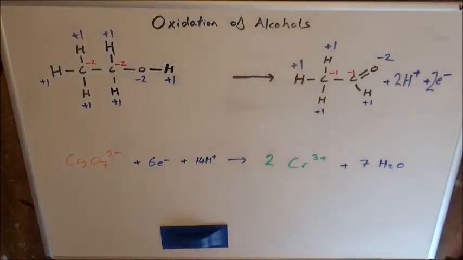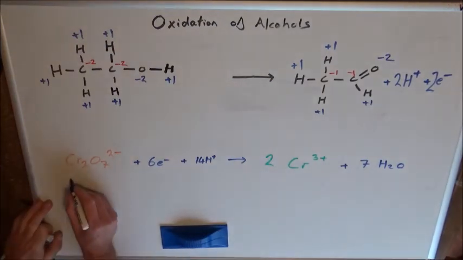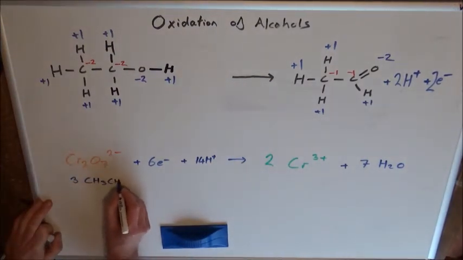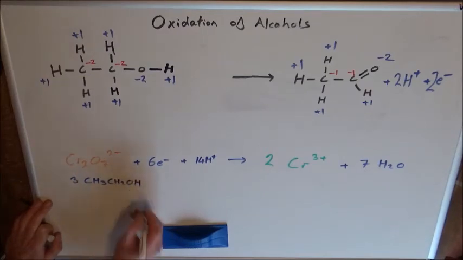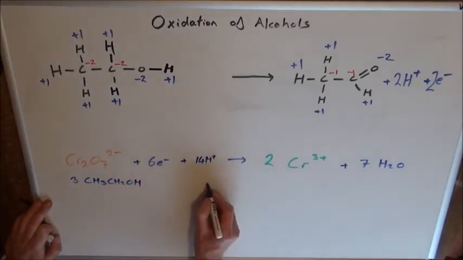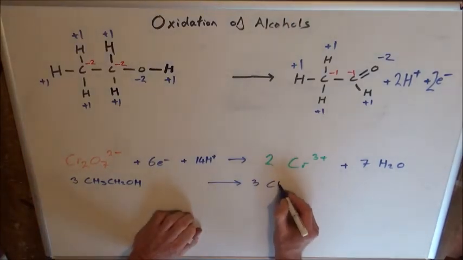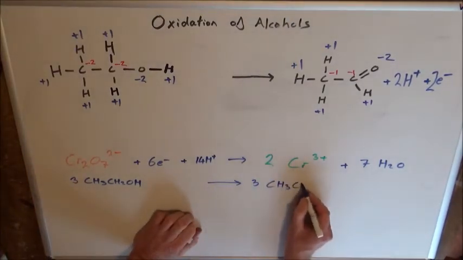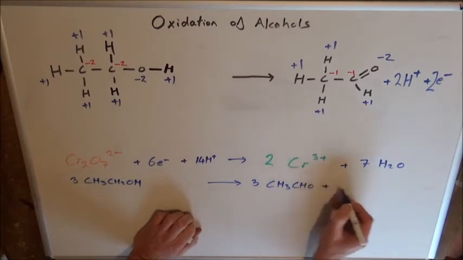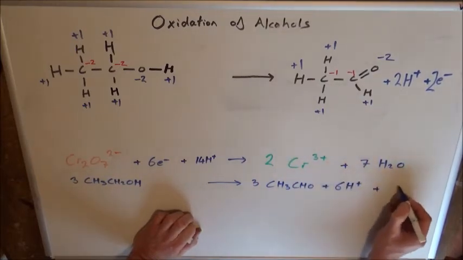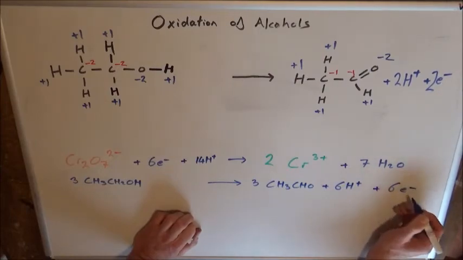So I'm going to write that underneath. So if I oxidize 3 ethanols, and they're going to give me 3 molecules of ethanal, they're going to give me 6 protons and 6 electrons.